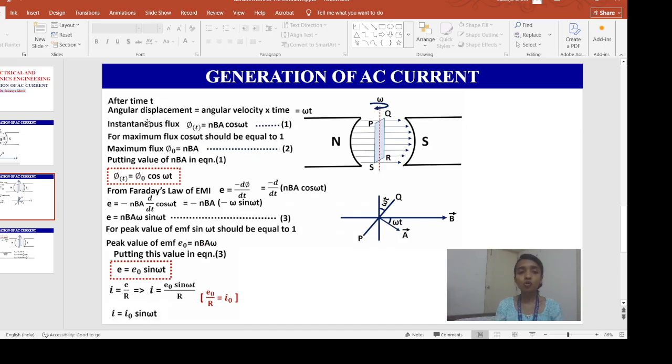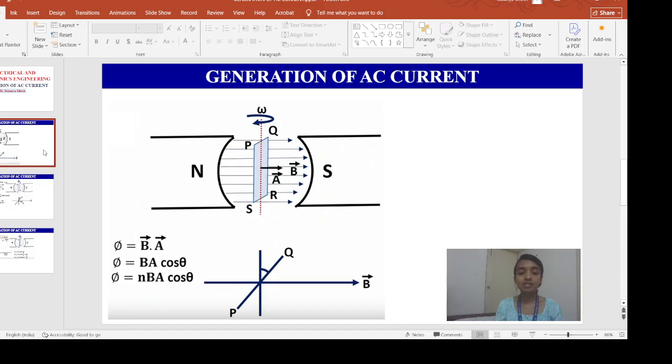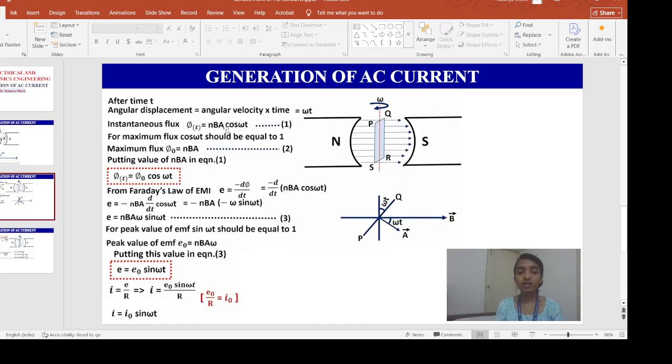So we have seen the instantaneous flux from the previous equation, NBA cos theta. Theta is my angular displacement, so we can write NBA cos omega t. This is my equation number 1. If I want to obtain the maximum flux, then cos omega t should be equal to 1.